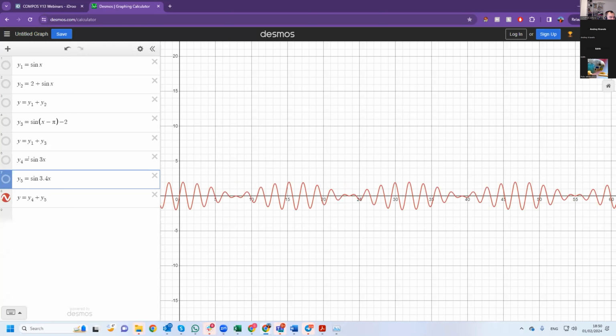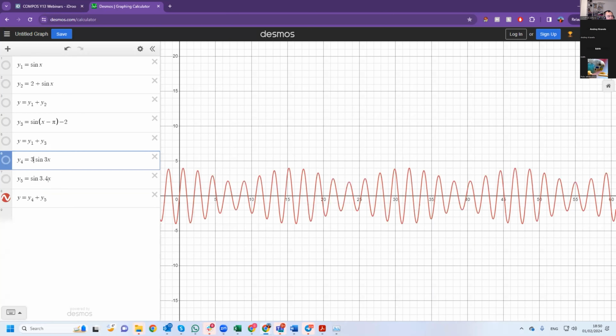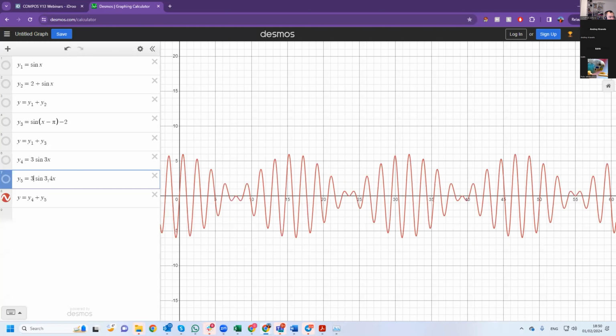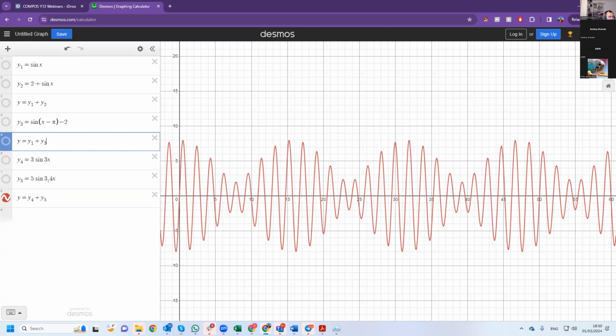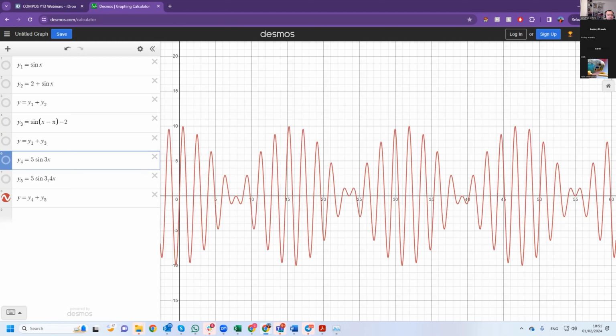I'm just going to increase the amplitude. So let's make it 3 and make it 3 here. Just more pronounced. Let's make it 5. Let's make it 3. Let's make it 30.